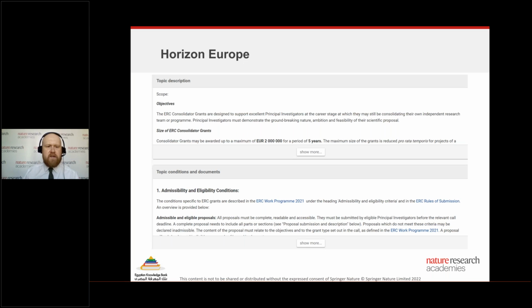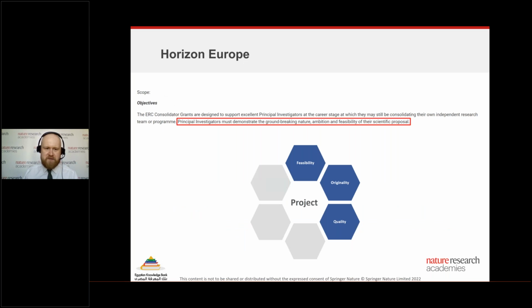As you can see here, they've provided you with the objectives of the Consolidator grant and eligibility conditions. So do be sure to check that you're eligible for the funding opportunity. You'll notice here under the objectives how they've written, principal investigators must demonstrate the groundbreaking nature, ambition, and feasibility of their scientific proposal.